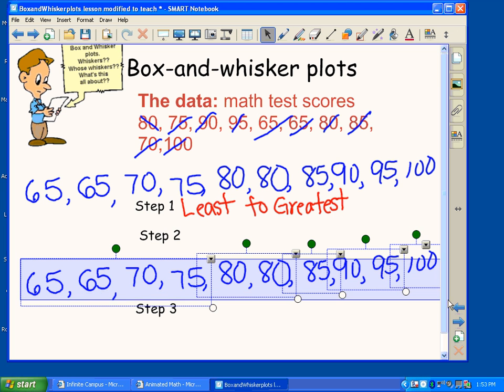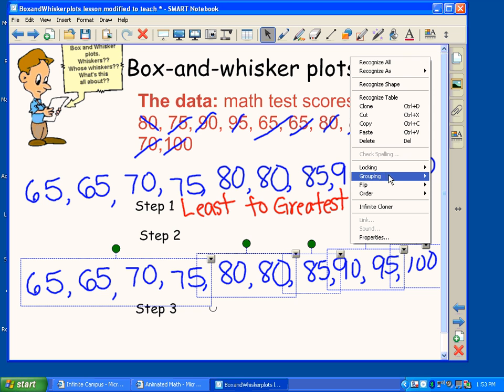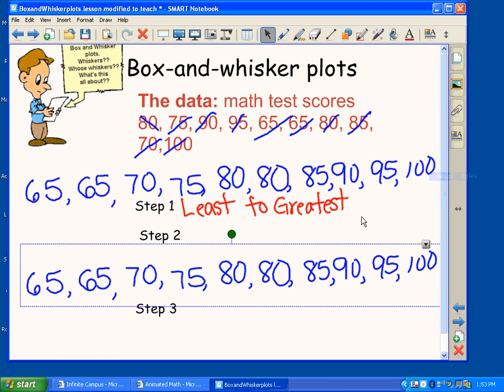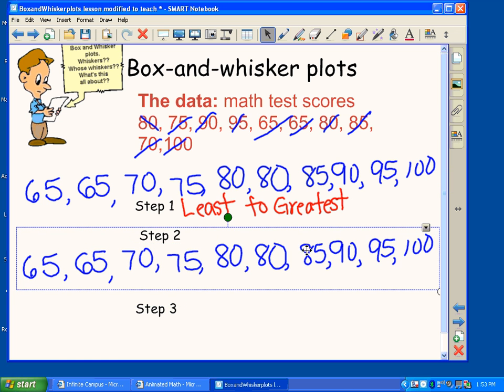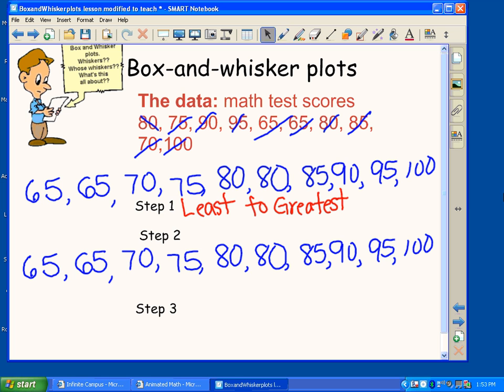There we go. All right, Ruby, you got our median yet? Okay. What's the median of this data set? Ruby, go up there. Pick up a pen. Show us where the medians are.